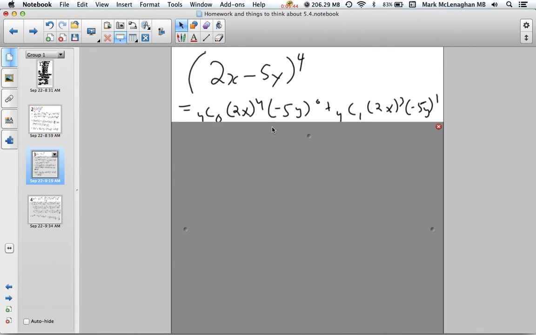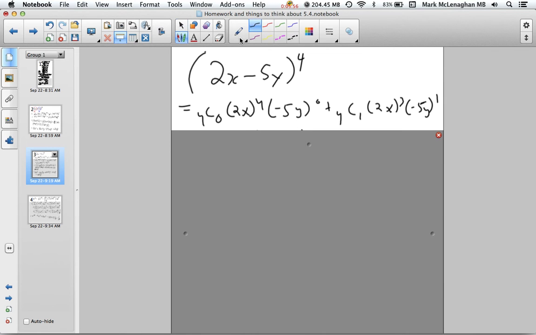Right, so if we expand this, now n is going to be 4. Our counter starts at 0 again. So 2x is one term, and negative 5y is the other term.